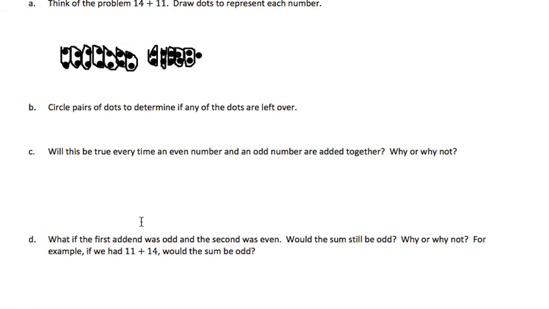If the first addend was odd and the second addend was even, would the sum still be odd? In other words, if the 11 was first and the 14 was second, would that change whether the answer was even or odd? I think we can see that nothing would change. We would just have all of these pairs for the 14 on the right, and all of the pairs plus the extra for the 11 would be on the left. The sum is still odd.